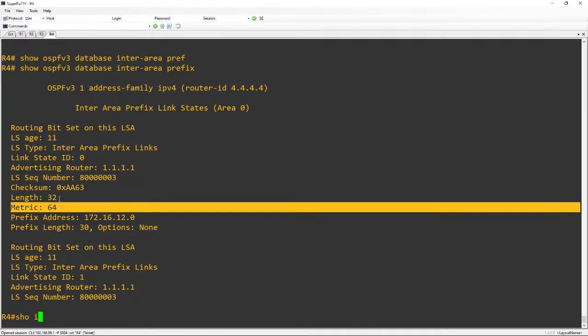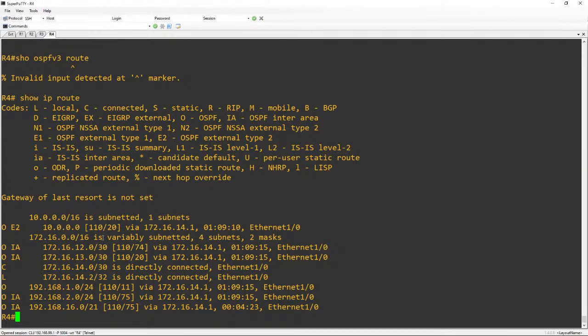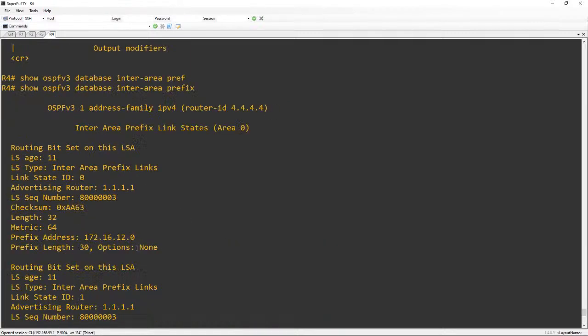In fact, if I do a show IP route or show OSPFv3 route, let's just do show IP route. Actually, it probably won't show anything. Yeah, it does. Okay. Notice the cost for that 12 subnet is 74. So this goes to what I was saying before about the concept that OSPF is concerned about routing to nodes, not to networks. Yes, we're learning network reachability information, but we're trying to route to this node.